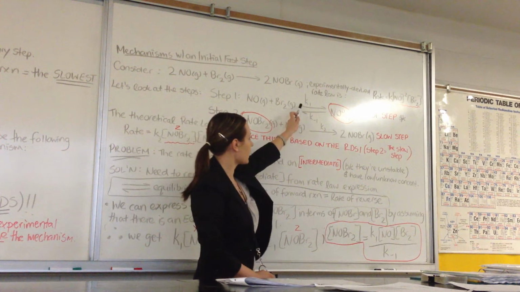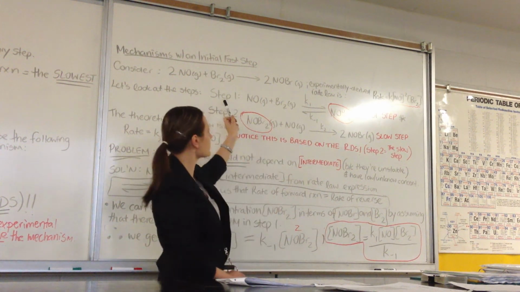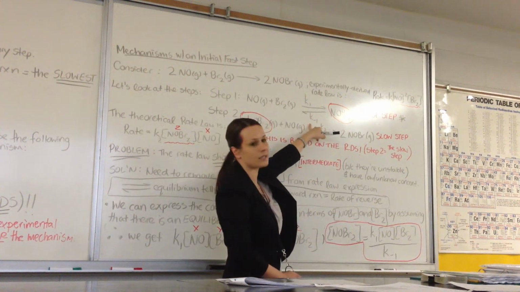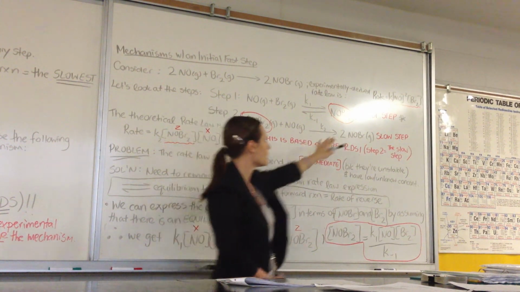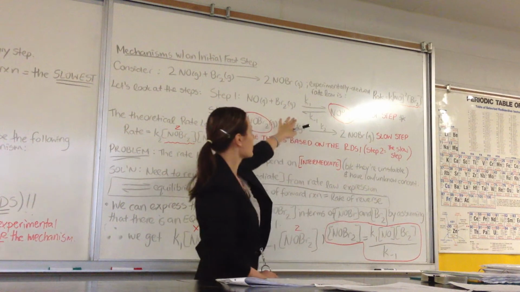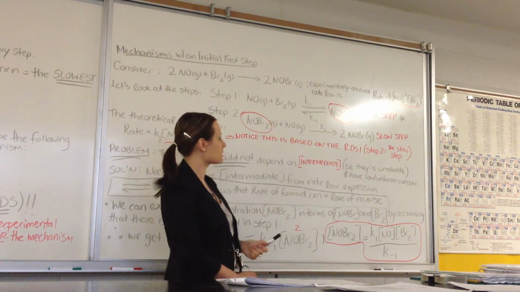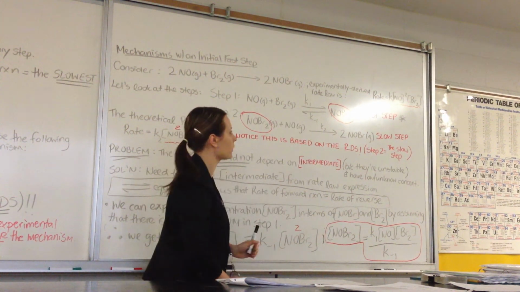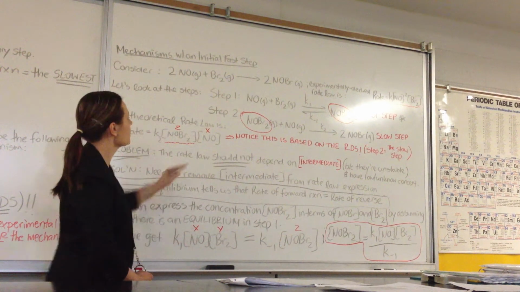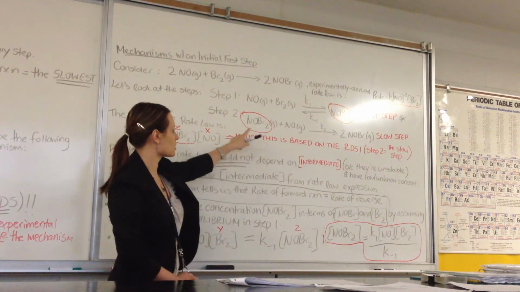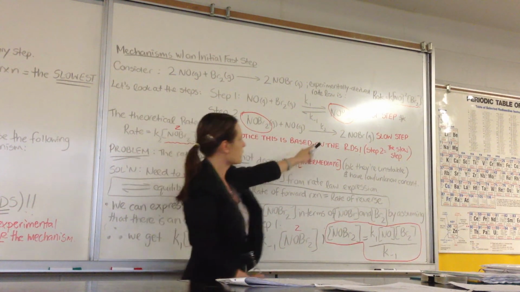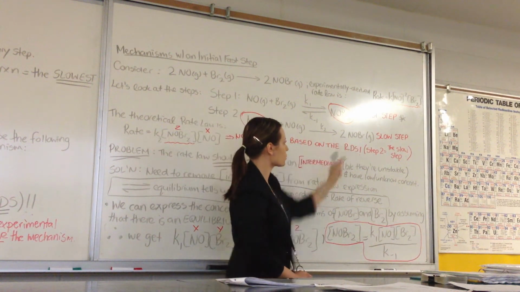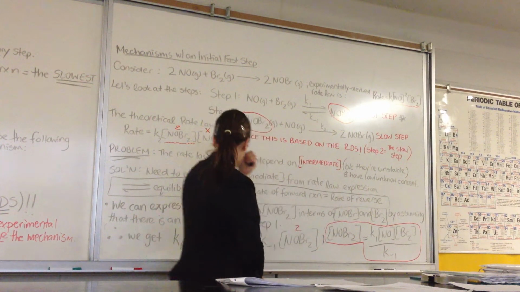I put a k1 on the top to show that it is step 1, and a k negative 1 underneath to show that this is step negative 1. This is the fast step. The double-headed arrow means that this is in equilibrium. We'll talk about that in a brief second. Step 2 is the slow step, and we have NOBr2 plus NO, second rate constant, gives us 2 NOBr, the slow step.